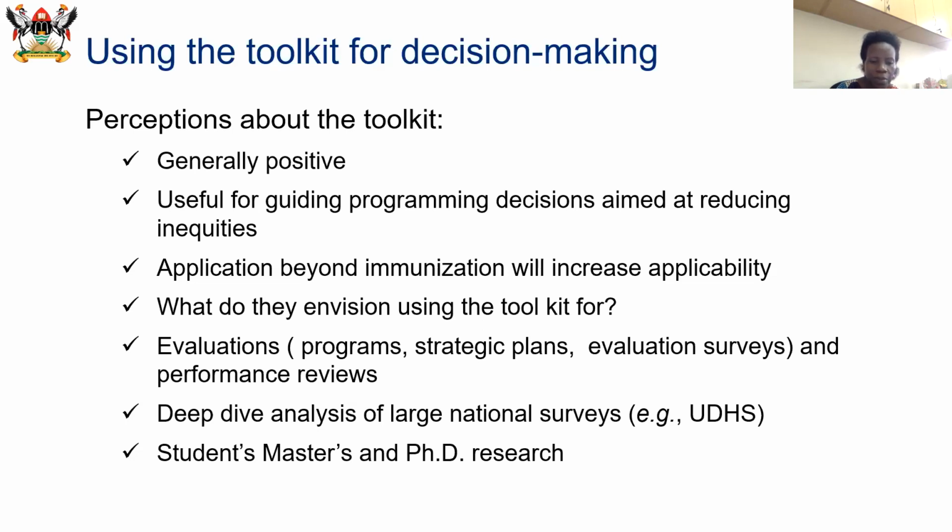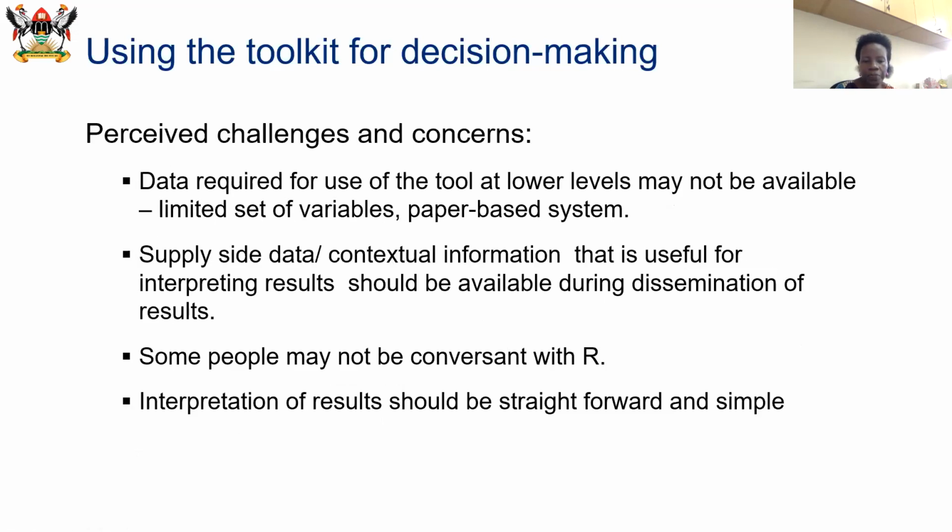We also think that the tool will particularly be useful for students who undertake dissertation research at the university level, both for master's students and for those doing their PhDs as well.